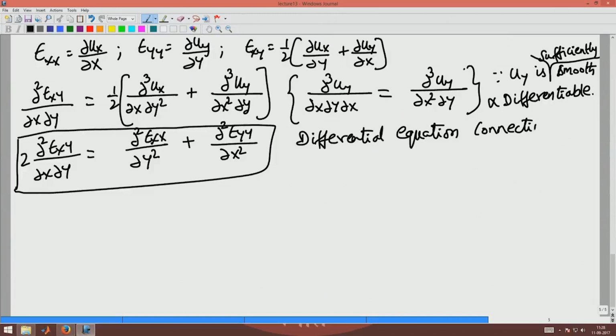Differential equation connecting the components of the strain. Okay. So, this is called the compatibility condition.